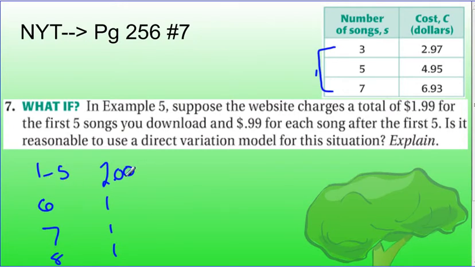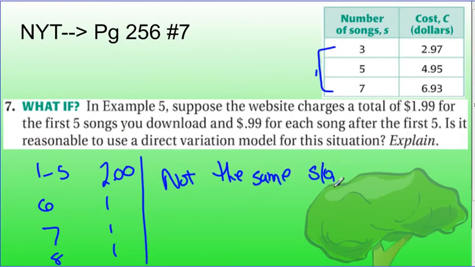So each of these is $1 a piece. Here, they're not $1 a piece. So each song is not going to give you the same cost, which means you're not going to have the same slope. Each song is not the same cost.